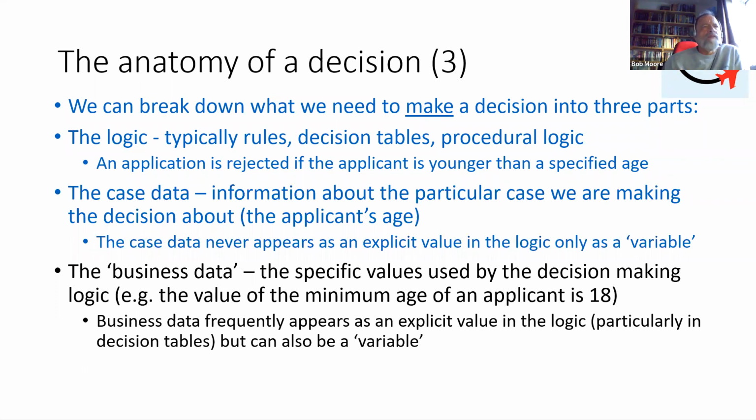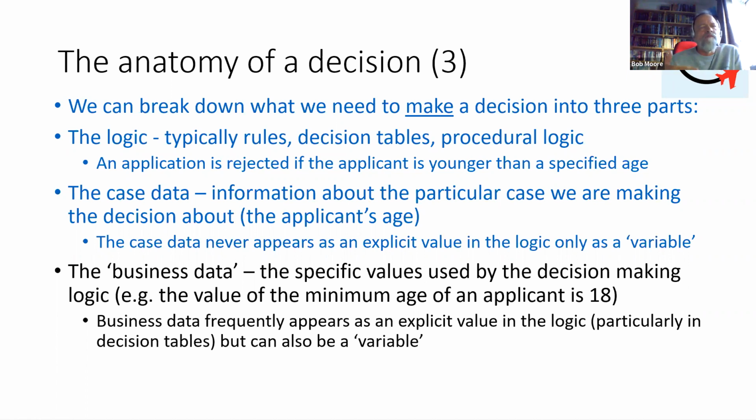The business data is then providing the specific values that are used in the decision-making logic. So it's things like the value of the minimum age is going to be 18. Business data frequently appears as explicit values in the logic. In fact, if we look at decision tables, it's always there as explicit values.